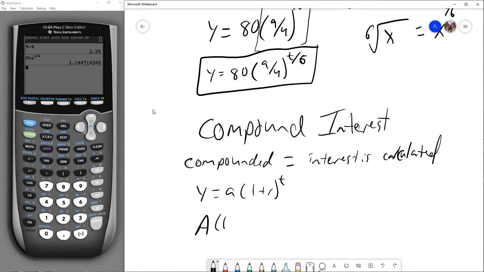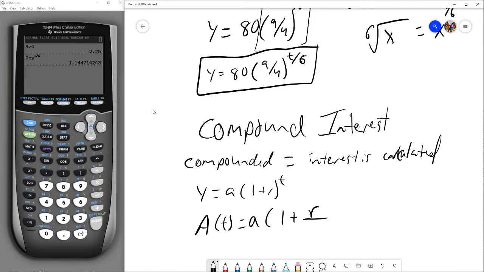Okay, so the amount in our bank account, we need to have an initial amount we invest. We're going to have our 1 plus, we'll have our interest rate still. Now our interest rate is going to be spread out across the number of times it's calculated in the bank. So if it's calculated monthly, then the interest is going to be divided by 12 for once every month.